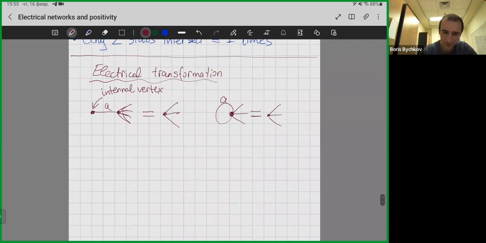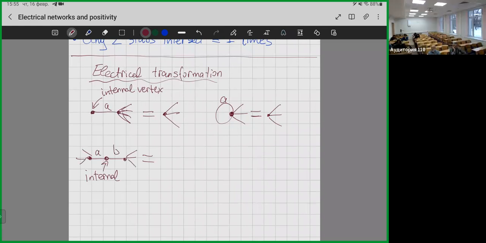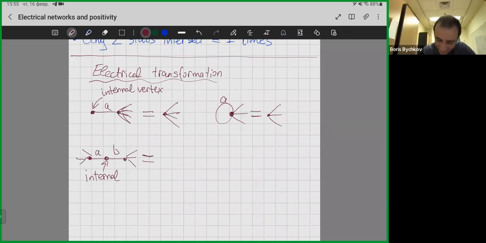And if we have this picture, and here we have weights A and B, and it's also an internal vertex. As usual, all the graph outside, so it's a local transformation.